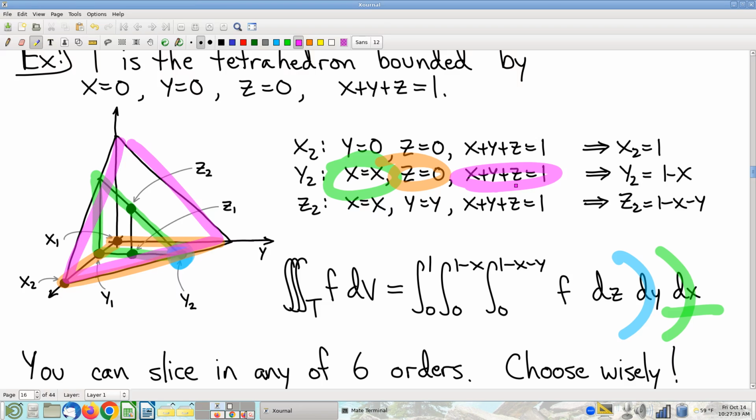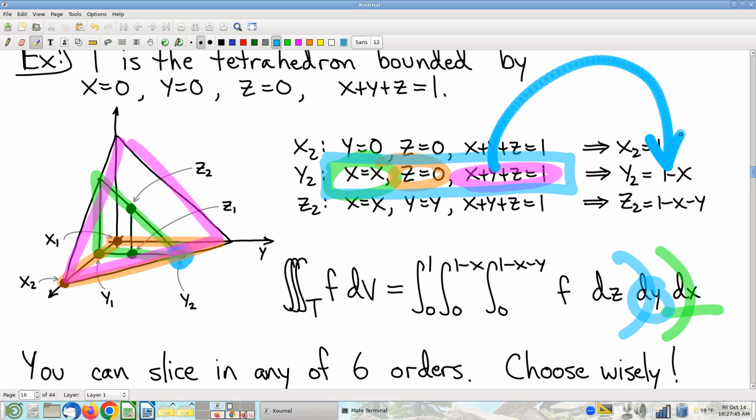I've got 3 equations. I'm trying to find a y bound. So in these 3 equations, I'm going to solve for y. And you get 1 minus x. What do you think? Everybody happy?